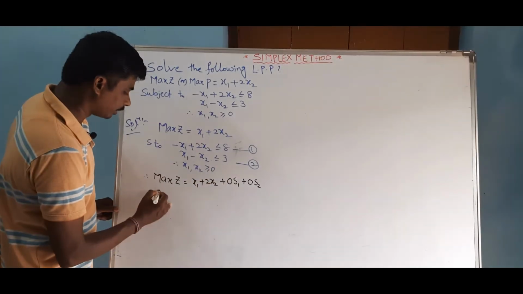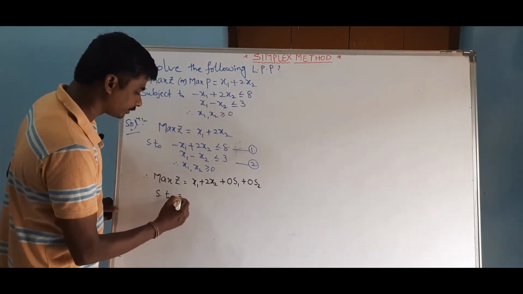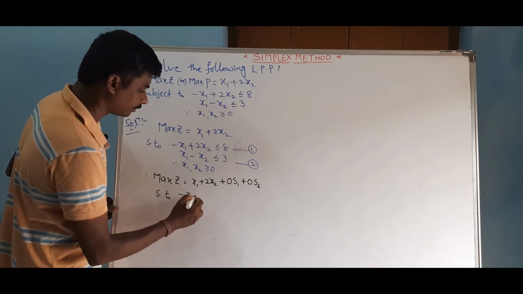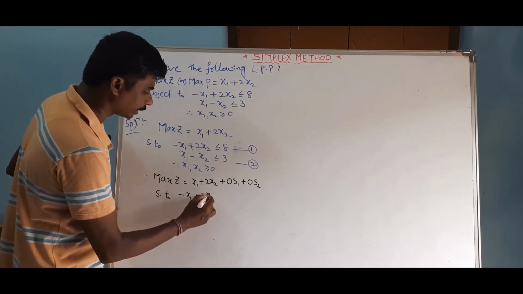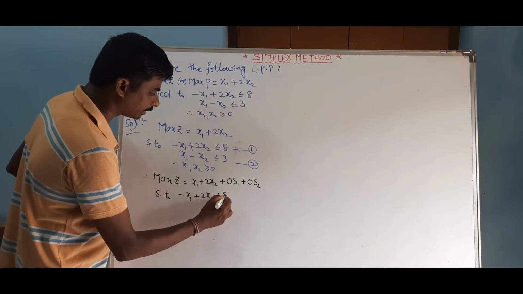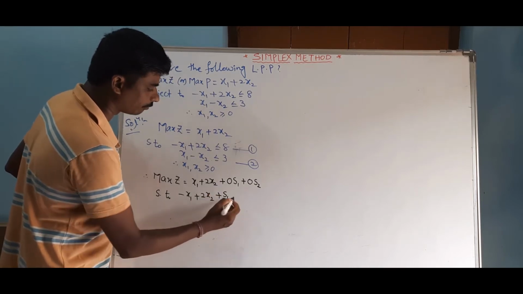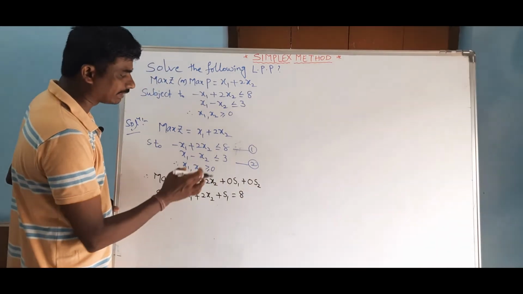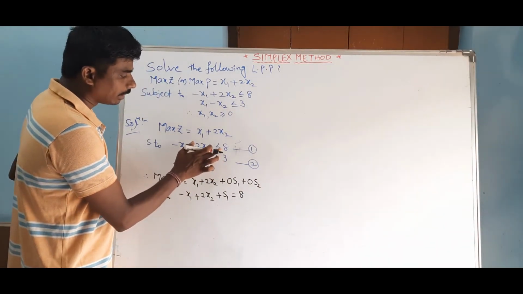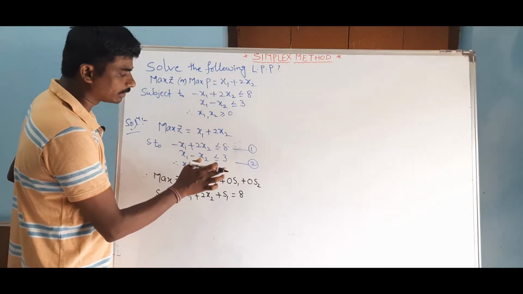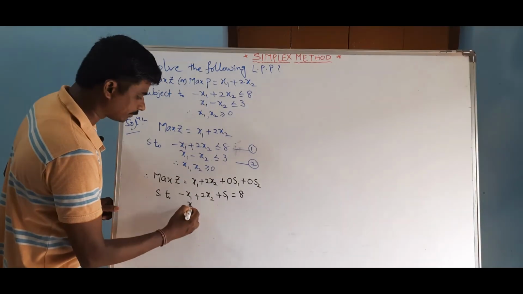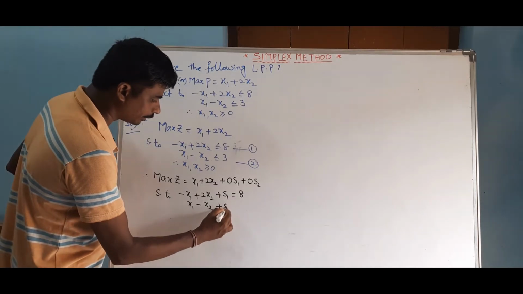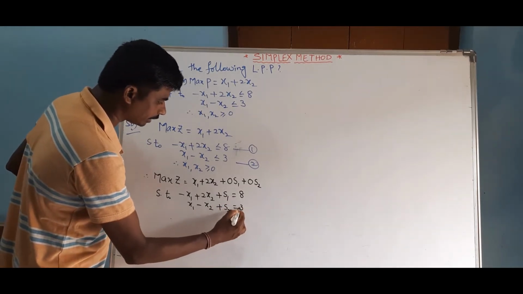Subject to constraints: minus x1 plus 2x2 plus s1, this is slack variable 1 introduced here, equal to 8. Now we check whether the right hand side constants are positive. x1 minus x2 plus s2 equal to 3.